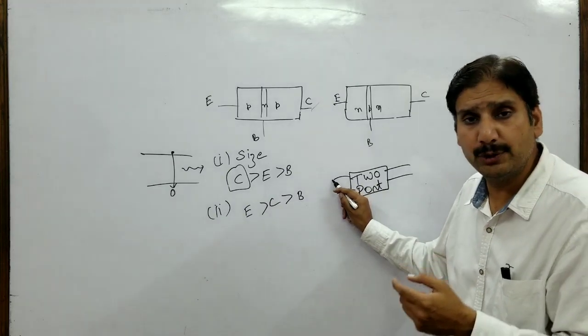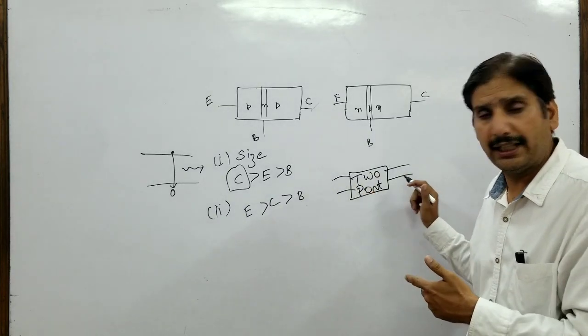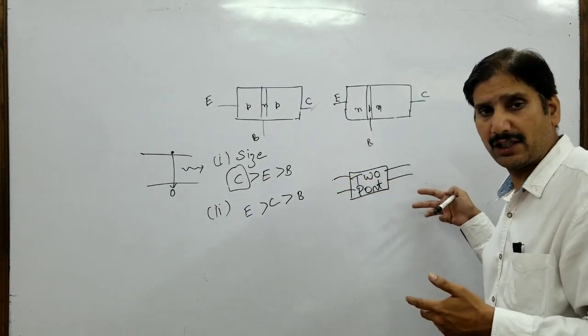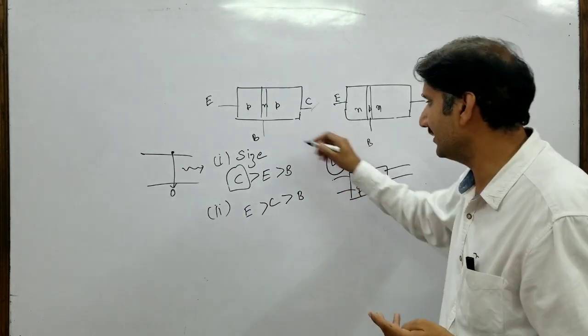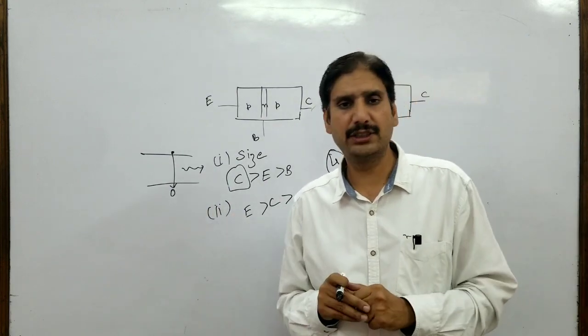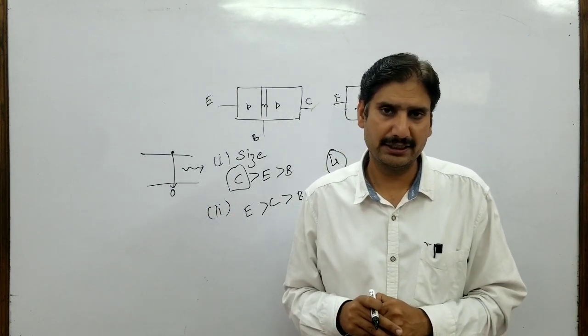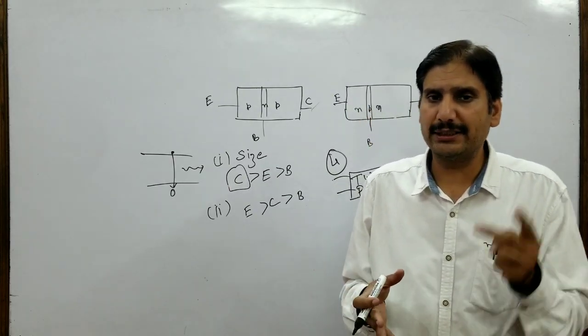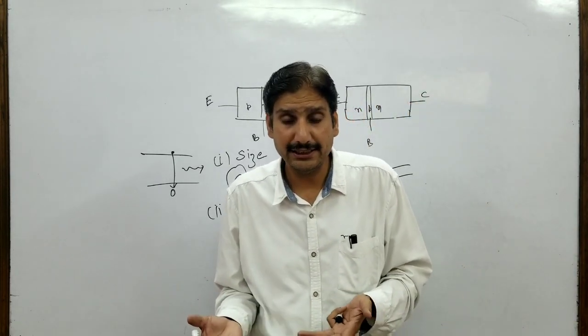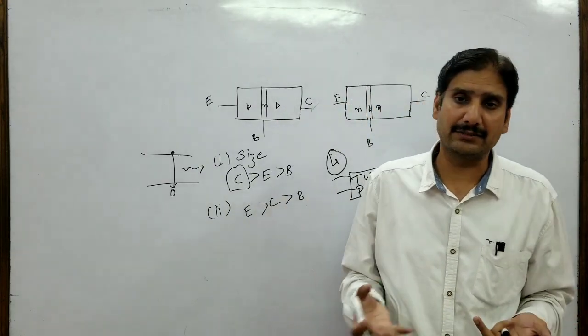So there is an input port and an output port, and obviously you have two terminals for input and two terminals for output. You need four terminals, but a transistor has only three terminals, so one terminal is made common to both input as well as output. Therefore, a transistor can be operated in two different modes. One is called common base configuration and the other is called common emitter configuration.